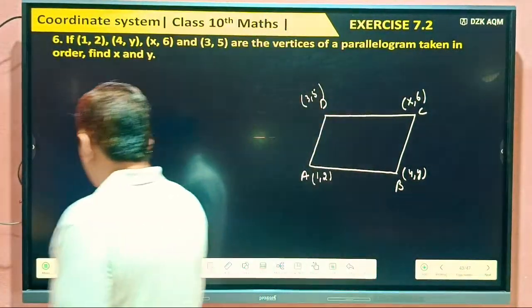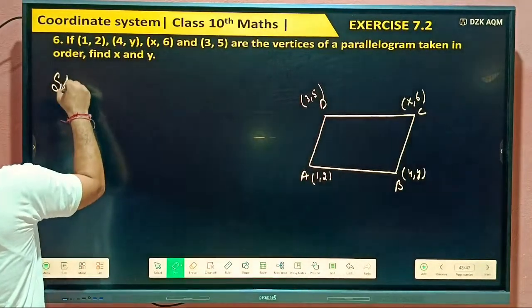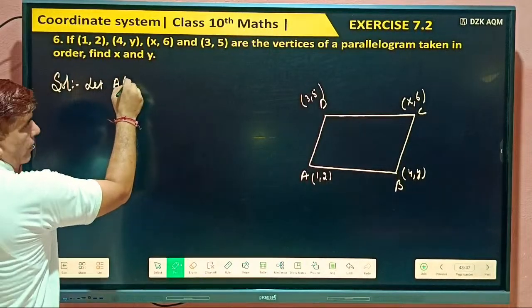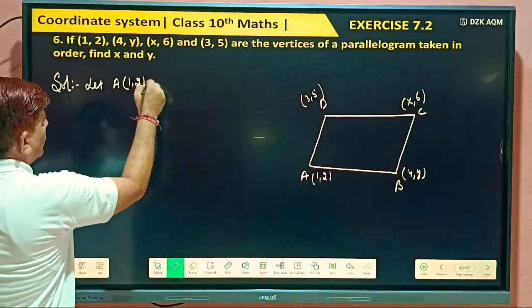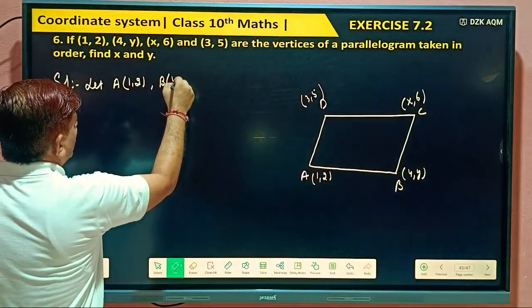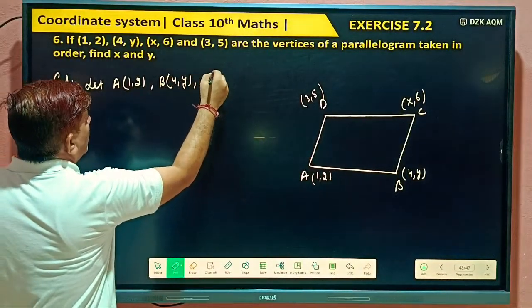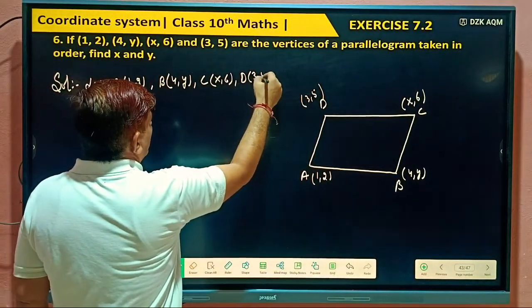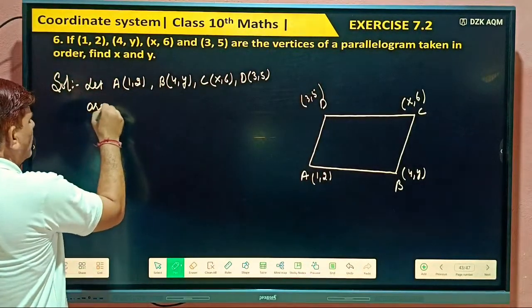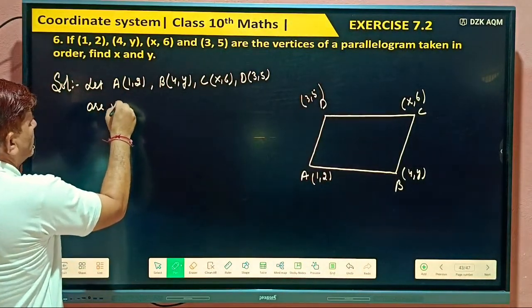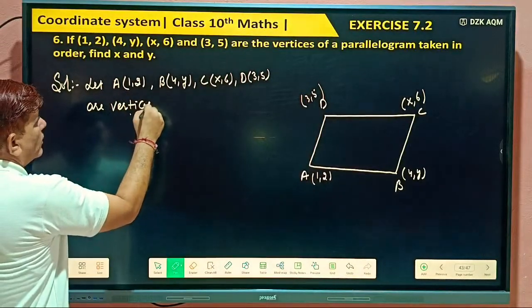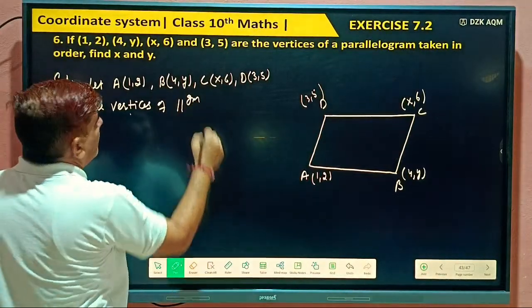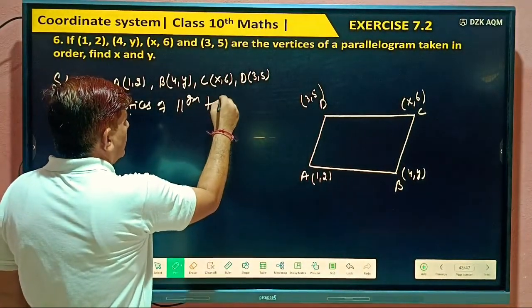So what can I write? Solution: Let A(1, 2), B(4, y), C(x, 6), D(3, 5) be the vertices of a parallelogram taken in order.